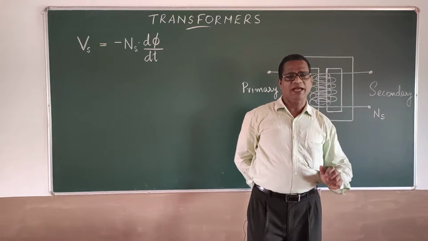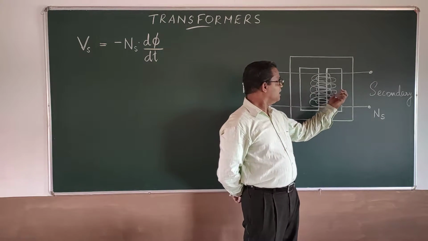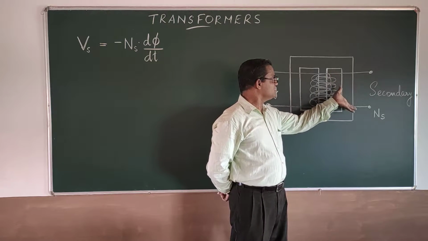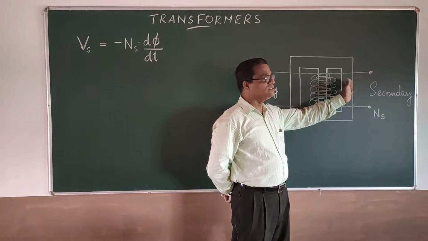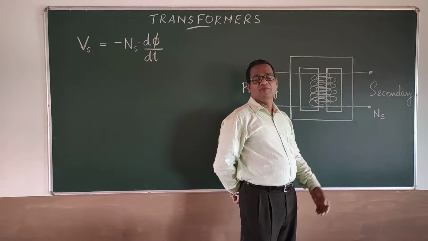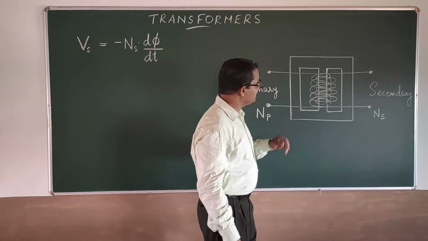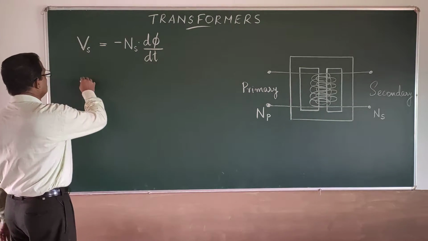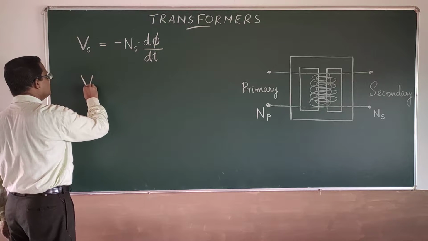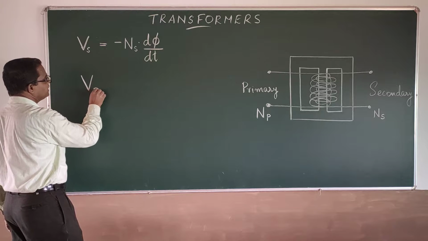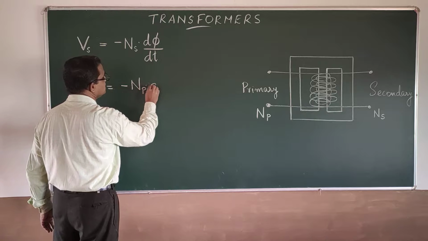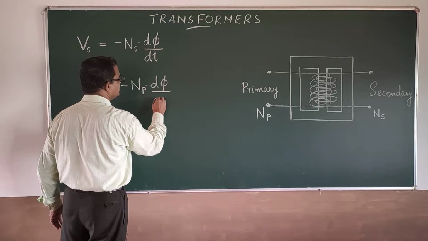Now at the very same time we can see the back EMF production, as the varying voltage is coming here, that varying voltage on the secondary will be coupling with the primary. There is a back EMF effect coming, and that back EMF effect gives a value for input voltage, or in terms of that back EMF we can take the input voltage as minus Np times d phi by dt.